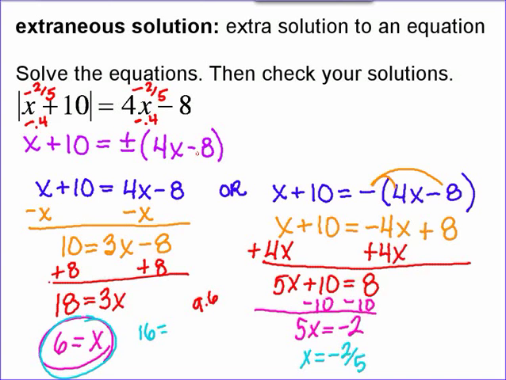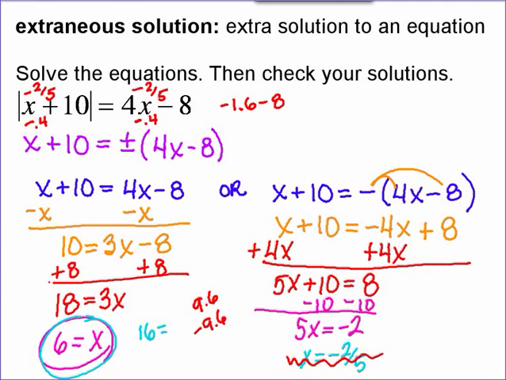What do you get? Negative 1.6 minus 8. What does that equal? Negative 9.6. Do those equal the same thing? Nope. So this is actually what we call an extraneous solution. So that one will not work. You have to check each one. Sometimes you'll get none to work, sometimes you'll get 1, sometimes you'll get 2.